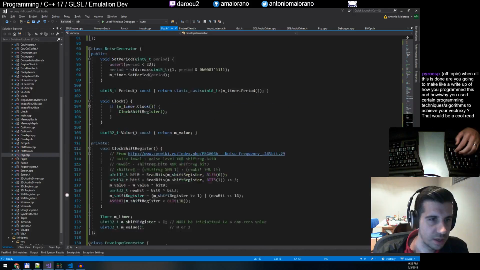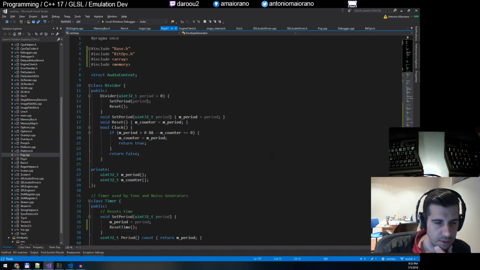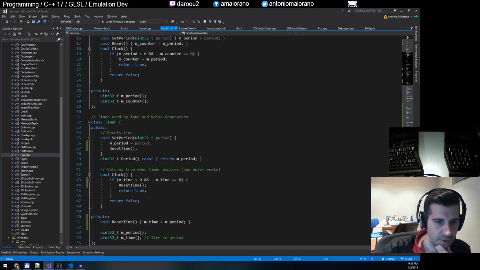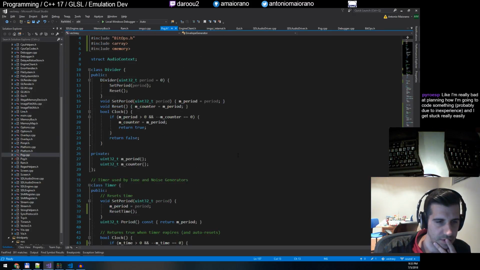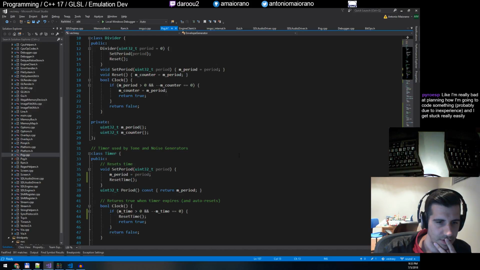Or actually, what do we call this one? A divider? What does my divider do anyway? Oh yeah. How different is this from... What is this even doing? In fact, it's kind of hilarious. My divider is a timer.